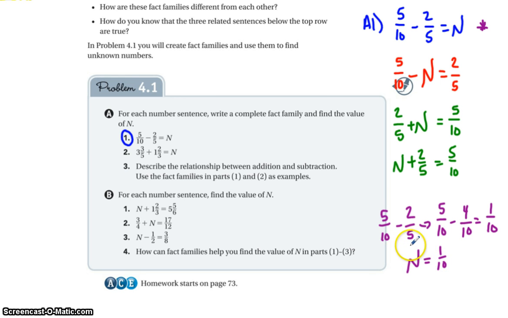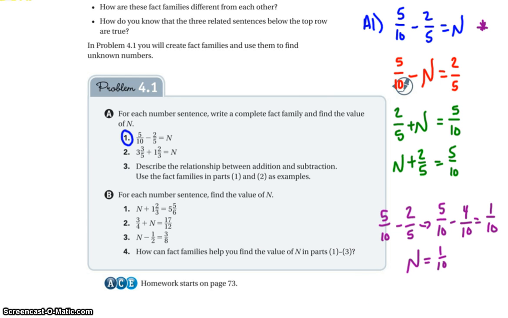Now we should go back and double check this. Let's use an addition fact to double check. I'm going to use this addition fact, n plus 2/5 equals 5/10, to double check my work. So if I replace n as 1/10 plus 2/5, oh, I'm sorry, that is the wrong one to change.